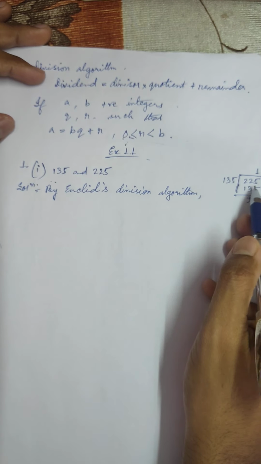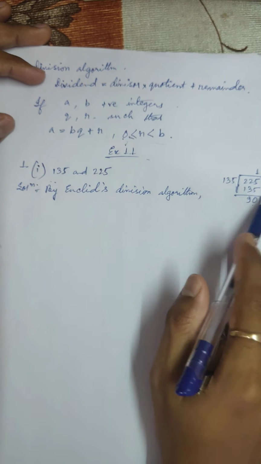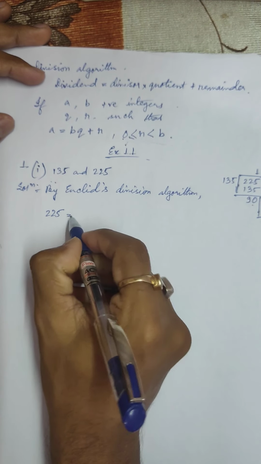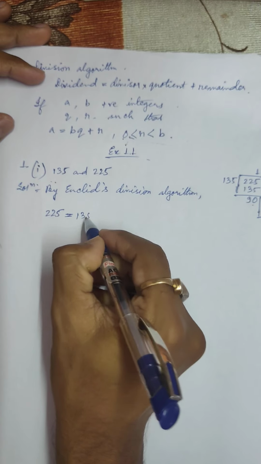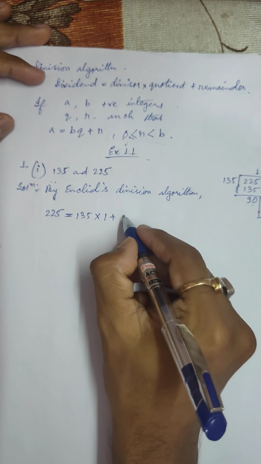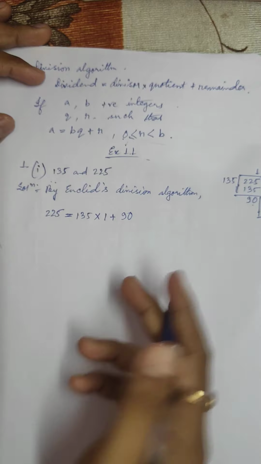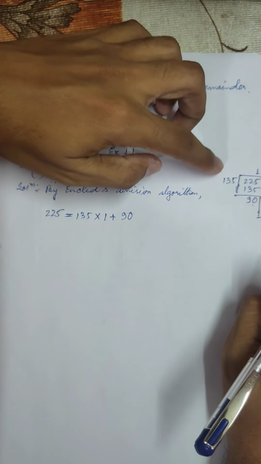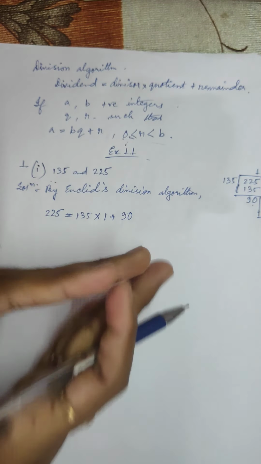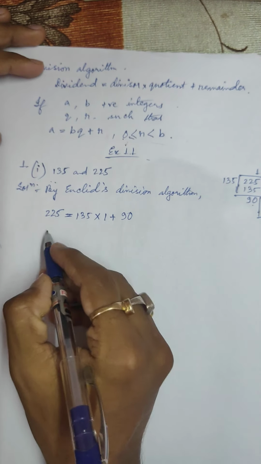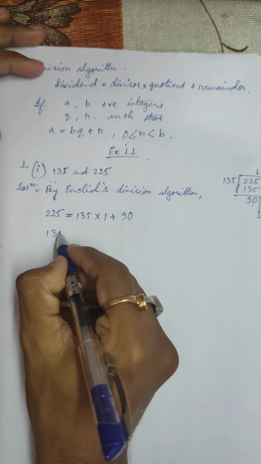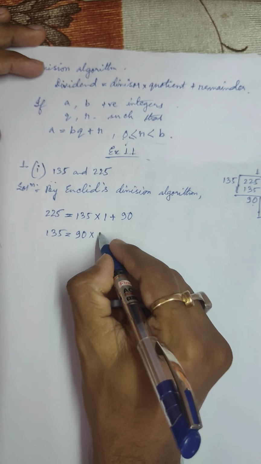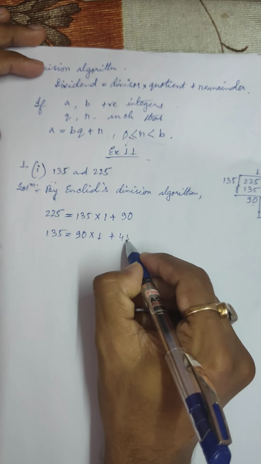So first, this is the dividend in the first step. Dividend is 225, so 225 equal to divisor 135 into quotient 1 plus remainder 90. In the next step, we show this division stepwise: 135, and in this step the divisor is 90, quotient is 1 and remainder is 45.